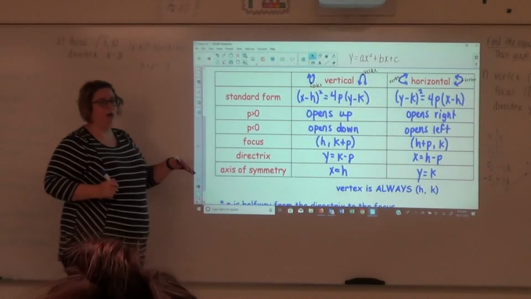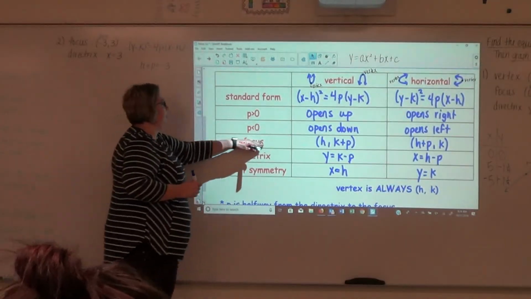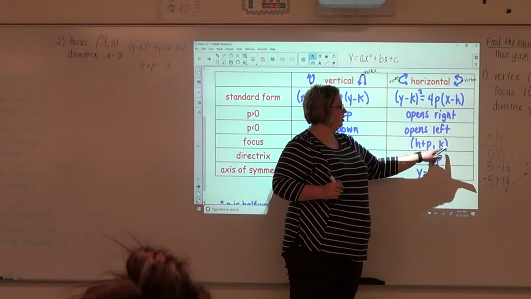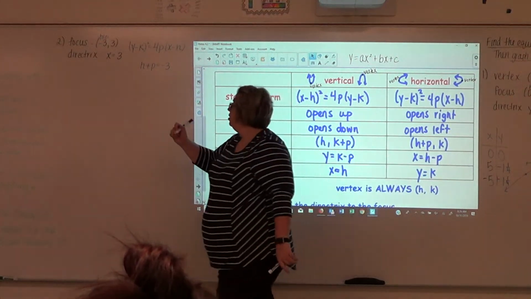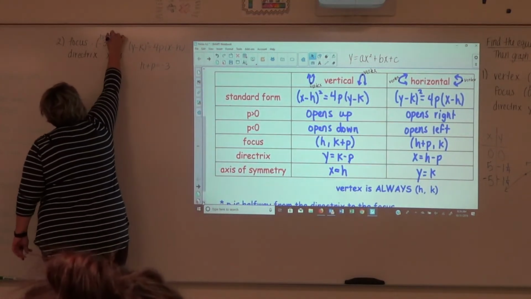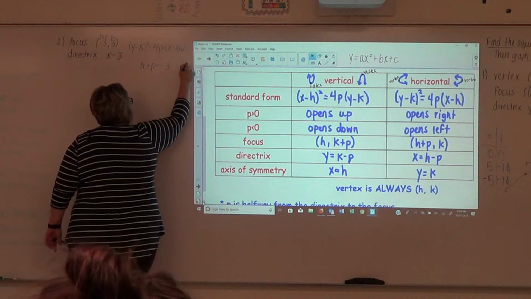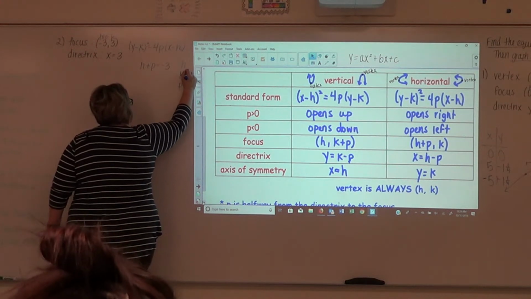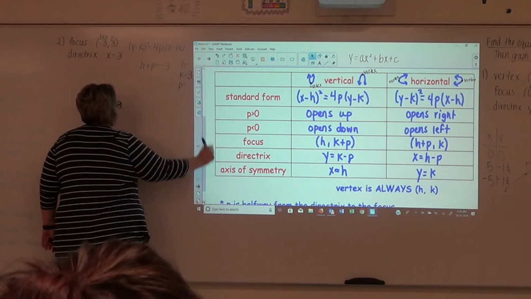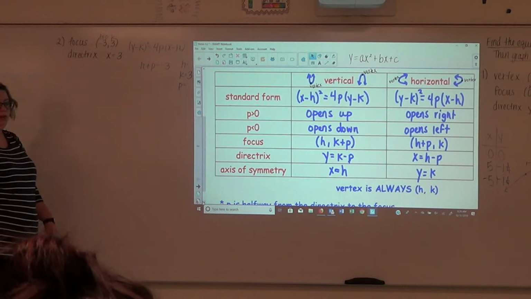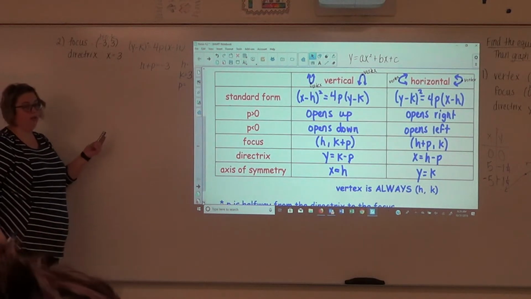Okay, what's the second part equal to? The focus. Okay, so I already know that k is 3. So I have to find h, k, and p. Those are 3 things you have to find. Now automatically we already know k is 3. But I still don't know h and p yet.